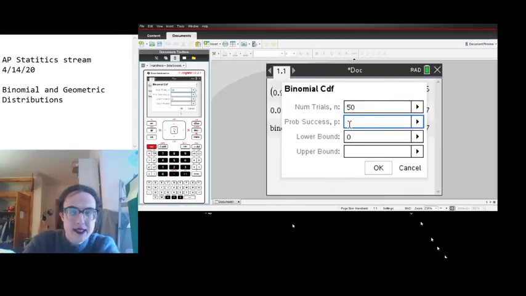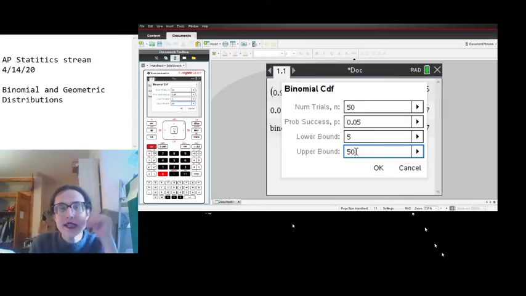Probability of success is still the same, 0.05. Now our lower bound is 5, and our upper bound is 50. These are inclusive boundaries. I'm like 99% certain that's true, but please let me know if I'm wrong.